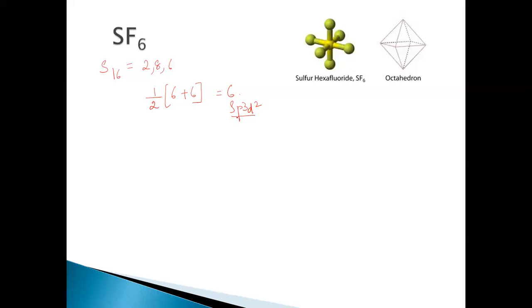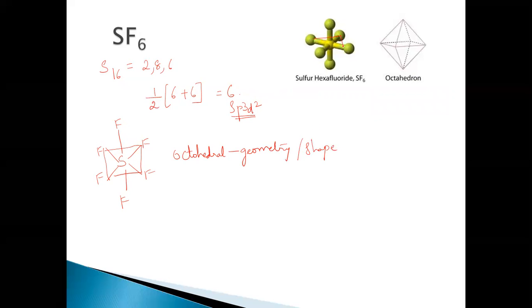There's a new shape, a new geometry here, where the central atom is bonded to F and F. This is nothing but octahedral, right? So the shape is octahedral. The geometry of the molecule is octahedral here, and the shape is also octahedral since there are no lone pairs of electrons in this case.